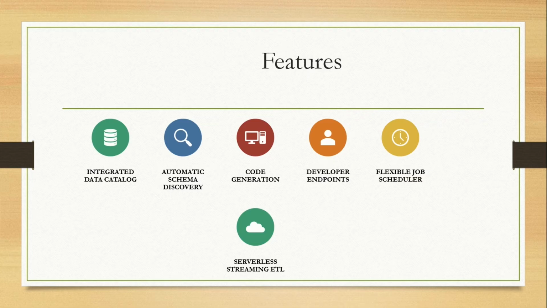Code generation. When you provide the data source and then destination, it's going to create an automatic script for you. Developer endpoints. Within the Glue environment, you can create a developer endpoint so that you can connect to the AWS environment from your local system.